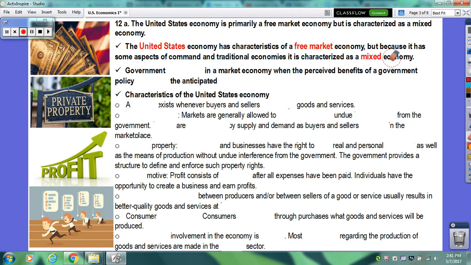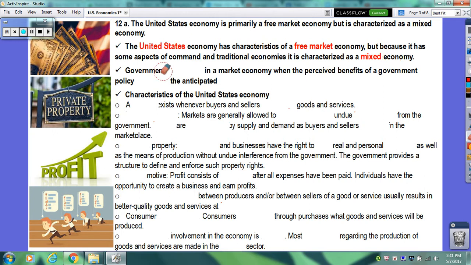There are different standards that businesses have to comply with. They have to pay taxes. They have to pay a minimum wage. They're required to give health insurance if they're over a certain number of employees. So you're going to have a number of different variables that businesses will have to deal with.